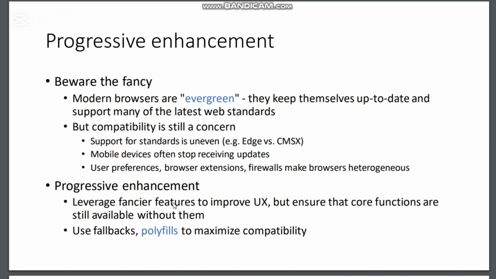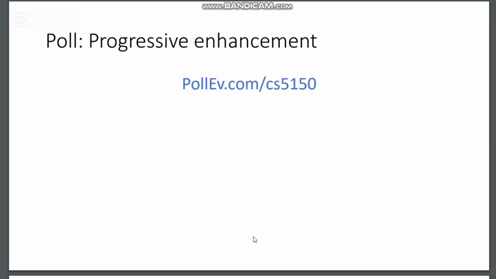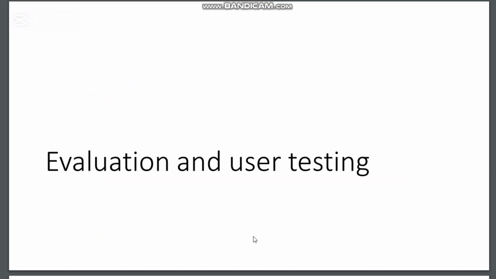So we can make them fancy as well, but we have to see that the core functionalities must be there, even if the fancy features are not available. Use fallbacks and polyfills to maximize compatibility. These are basically the frameworks. Now, yes, come to the main point, evaluation and user testing. This is the main part of lecture 14.